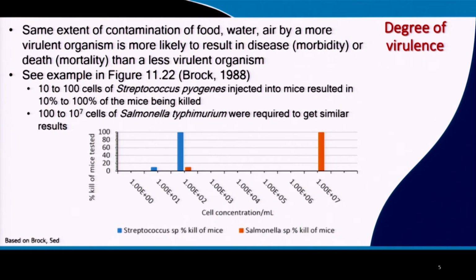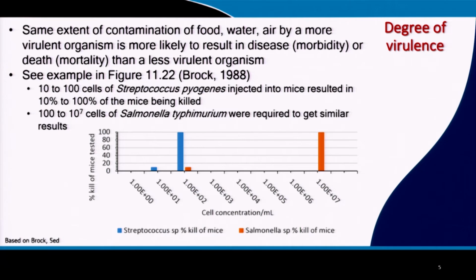So what you see is, as a function of cell concentration per ml, the percent kill of the mice that were tested. Now it's standard procedure to test the virulence, or sometimes the degree of fertility associated with either a toxin or a microbial concentration and so on. So it is standard practice to expose a particular organism.